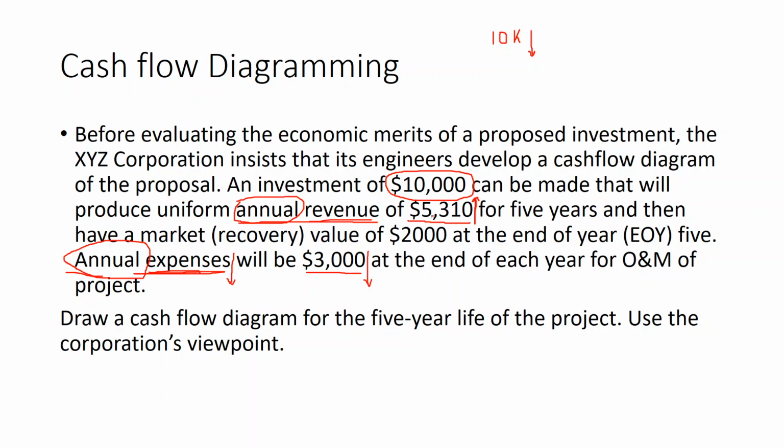So annually you have $5,310 going upwards and 3 grand going downwards. What is the net effect on an annual basis when you have an upward arrow and a downward arrow stacked on top of each other?